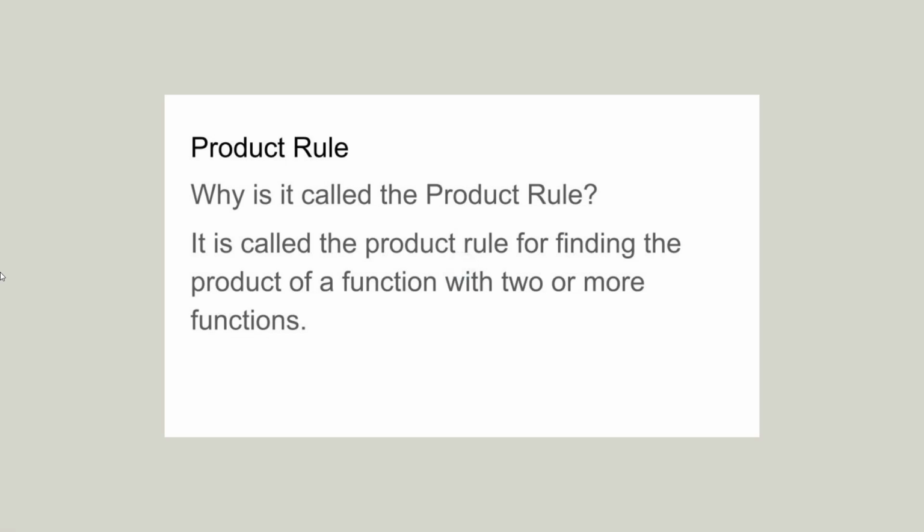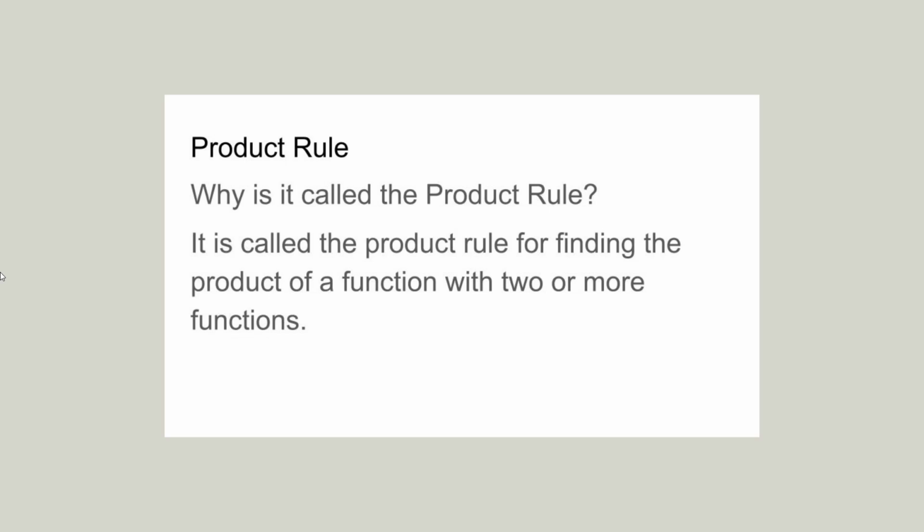This could be something like what we will see later in the video, 5x times 3x. You can definitely see that this is two different functions. The 5x is a function and the 3x is a separate function.